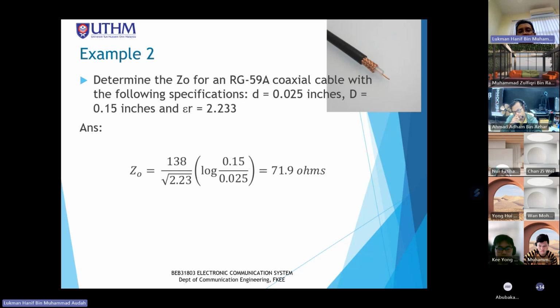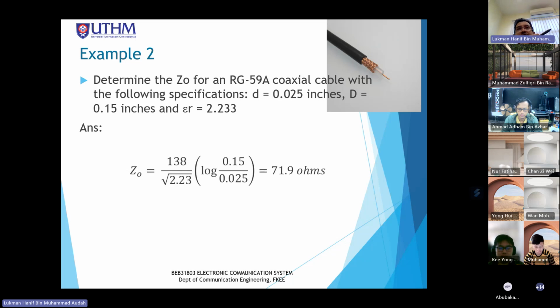And another example for a coaxial cable. In this example, you see that the parameters given are not in terms of international standard SI units. This example uses inches instead of meters.